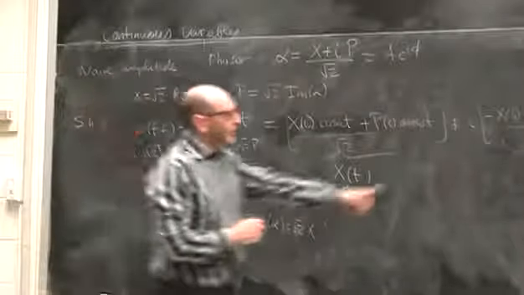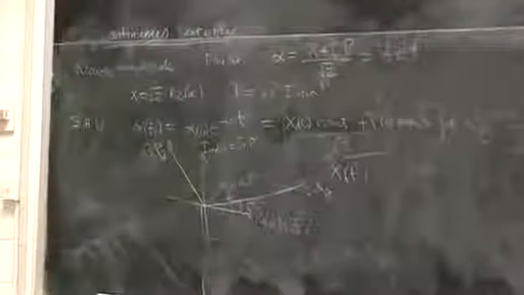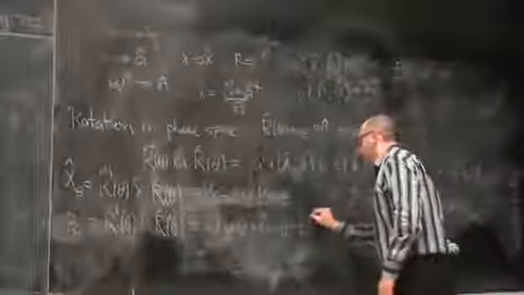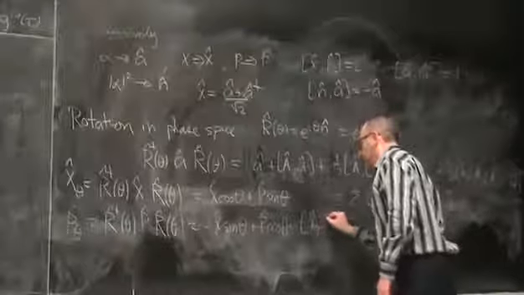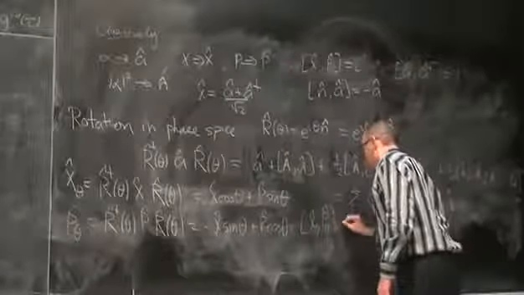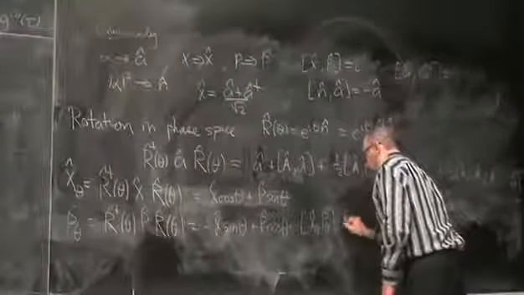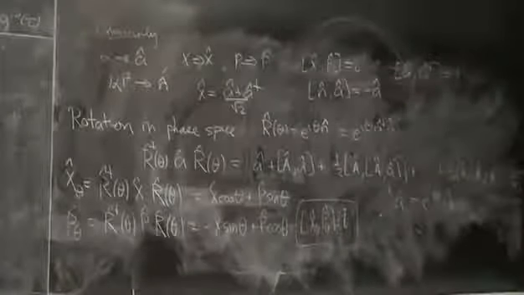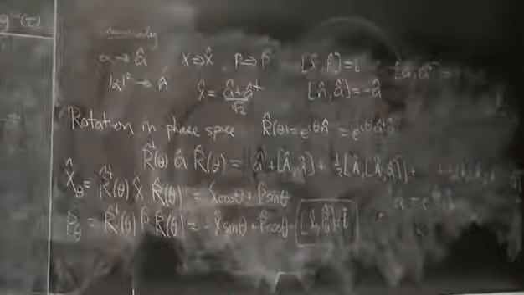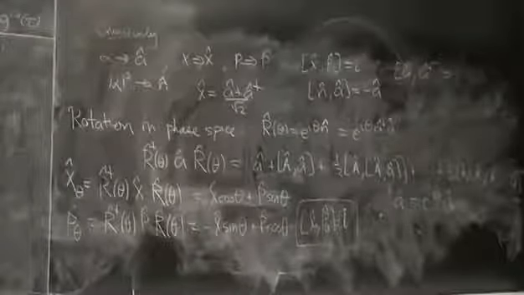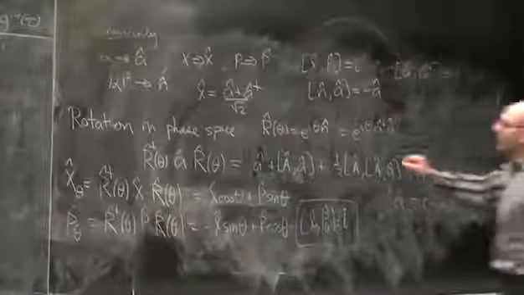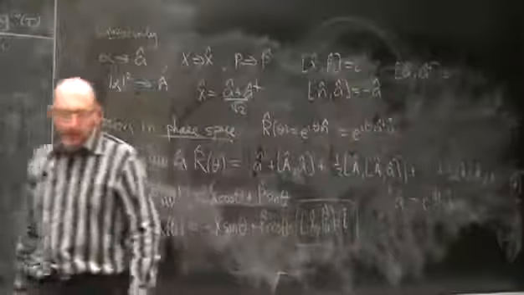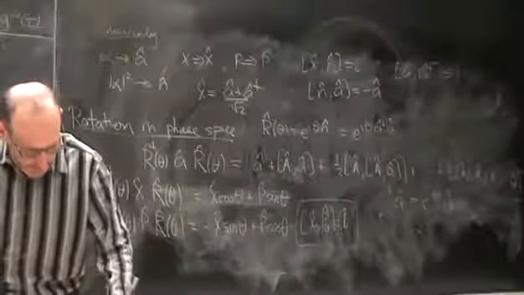So it's a rotation in phase space. Of course, it's clear, because this is a unitary transformation, that x theta and p theta satisfy the same commutation relation as x and p, as long as it's the same theta. Okay, so that's one ingredient to remind ourselves of.